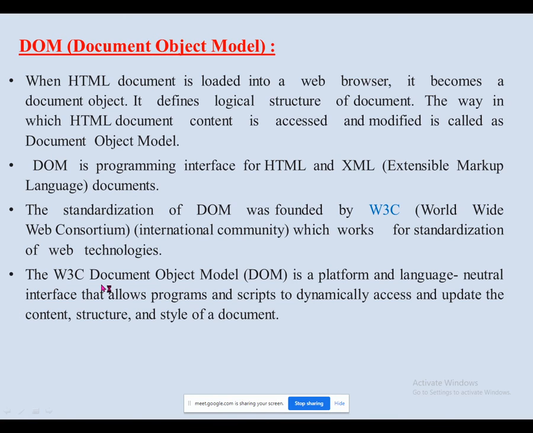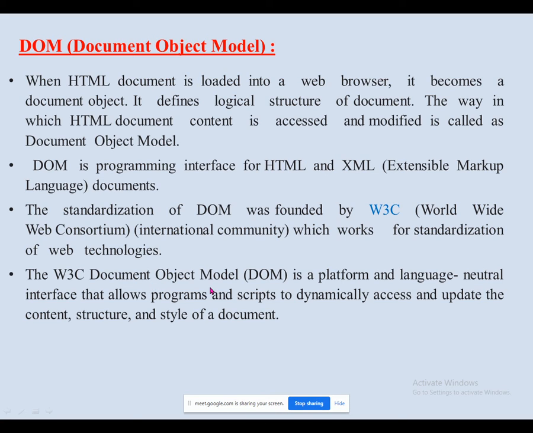W3C Document Object Model, that is DOM, is a platform and language neutral interface that allows programmers and scripts to dynamically access and update the content, structure and style of the document. So overall, the conclusion of what we just saw is what DOM actually is.